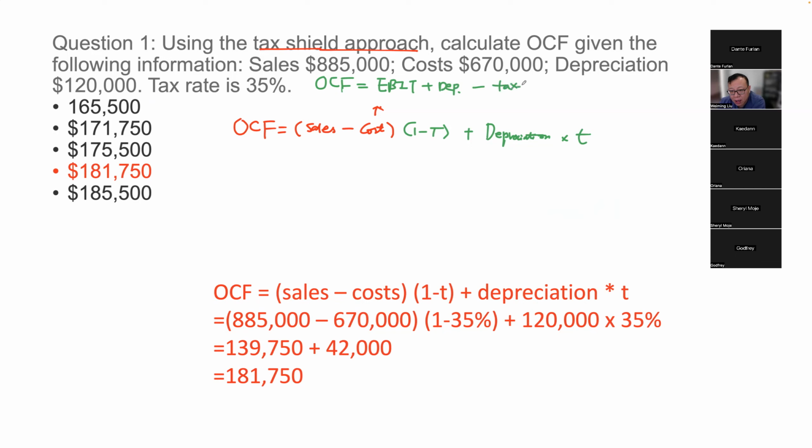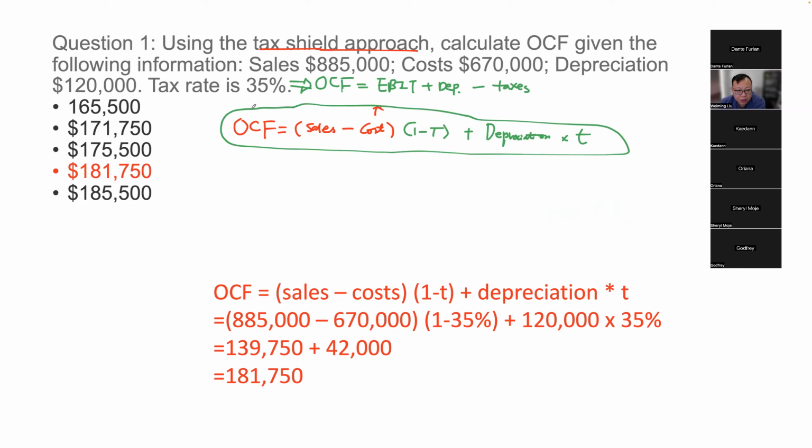So everything started from here. This is the definition. Under certain conditions, when I use other variables, I'm able to get a formula like this. So this is the calculation using the tax shield approach.